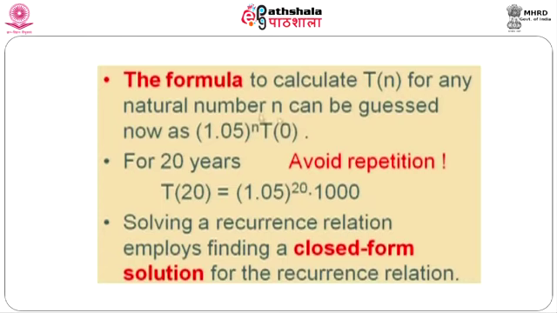Similarly, I can do that for 30 years, 40 years, 50 years or any year. So, that means I am avoiding the repetition totally. In other words, this is the closed form using which I can avoid repetition. Therefore, I can call this the solution of the recurrence equation.